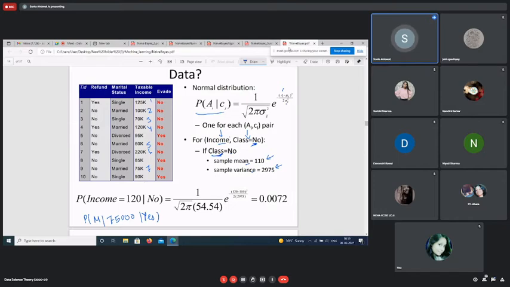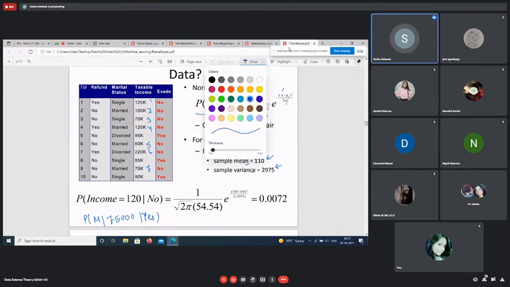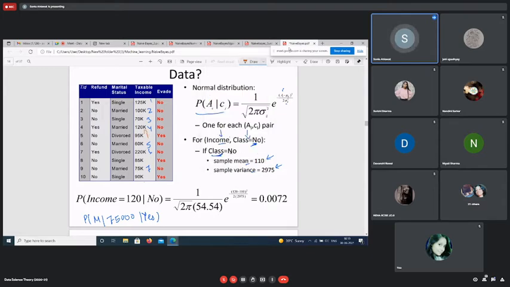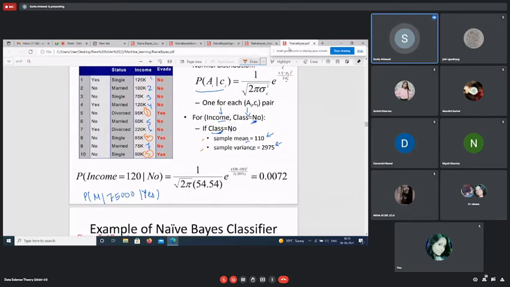Similarly, when we have to go for class yes, we have to create another data set for yes class, that is 1, 2, and 3. Again, we'll calculate the mean and variance for yes class. After this, we have to simply substitute the values in this formula, where it says that the income is 120 and it belongs to no class. So, क्या हो जाएगा?